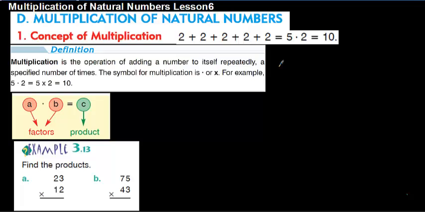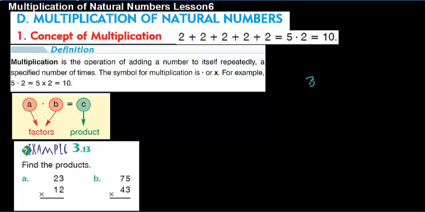Multiplication in natural numbers is the short form of addition. If you write 2 plus 2 plus 2 plus 2 plus 2, it is equal to 5 times 2, which is the shorter way to explain this, and 5 times 2 is equal to 10.